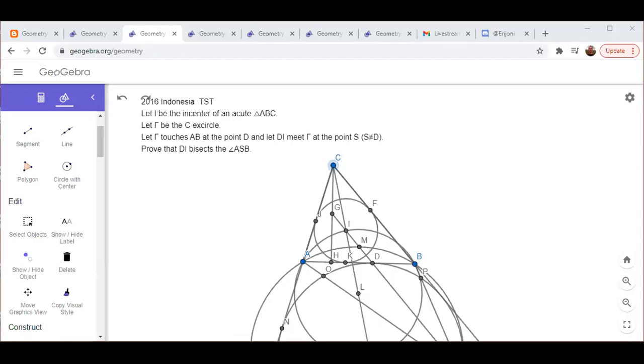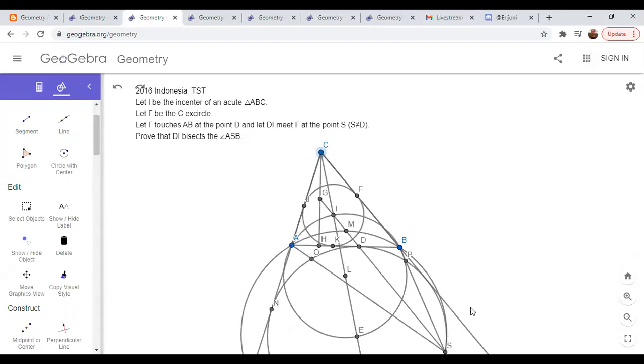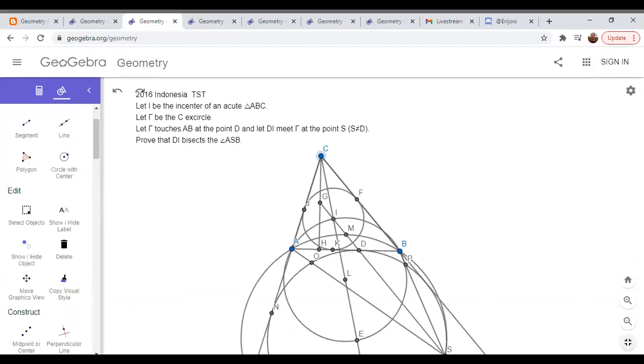Video 34 is a slightly different problem with the in circle instead, not the X circle, but maybe the same idea of proof could be used. It's probably a similar idea, but let's see. MBSI is cyclic?